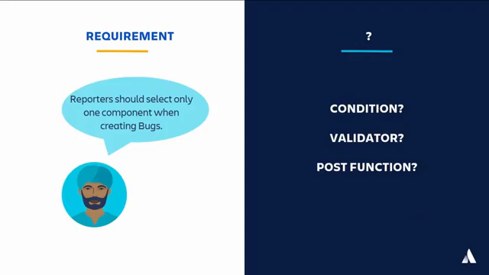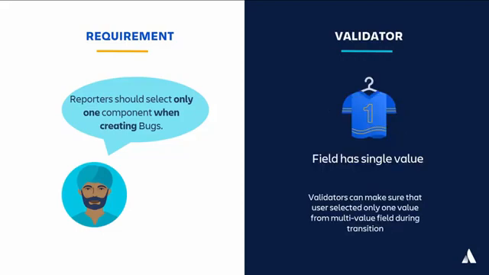Reporters should only be able to select a single component, for example design or security, when creating bugs, so that the right component lead can be assigned. How do we satisfy this requirement? This requirement suggests the use of a validator, since the user needs to do something while the transition is occurring.